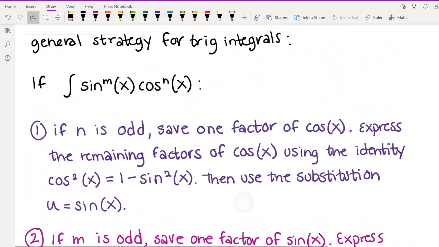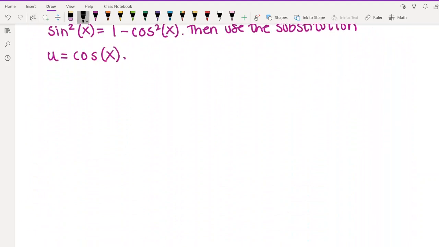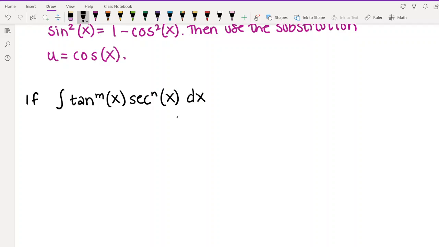Okay, so we talked about this form. So let's talk about now the other form. So if you have the integral of tangent to the m of x times secant to the n of x dx. Again, we're going to have two different cases here. So first case would be if n is even. Sorry, I'm just grabbing my notes to make sure I write everything down right here.